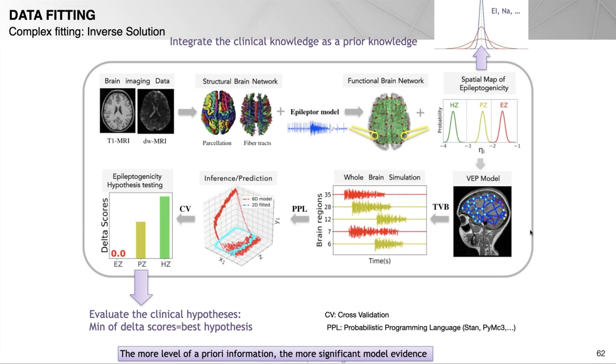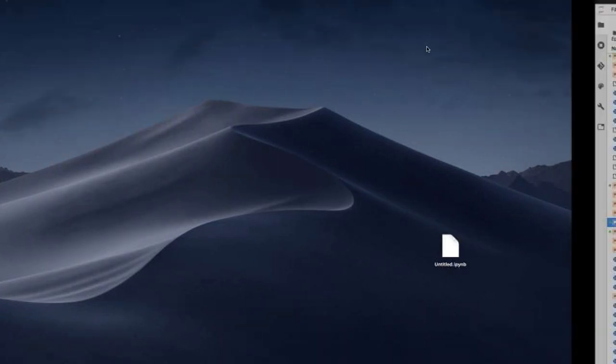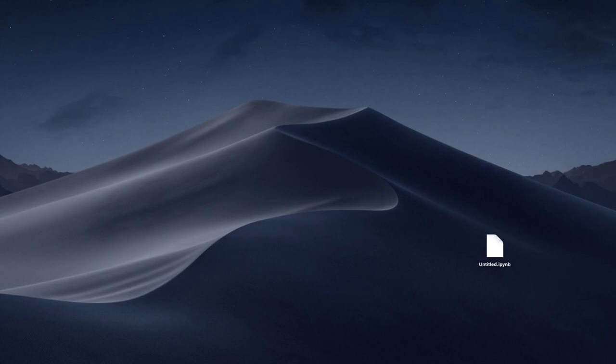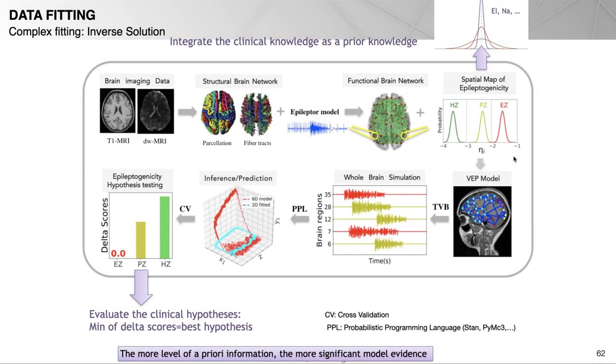Then it is our prior. In red, you have the epileptogenic zone.